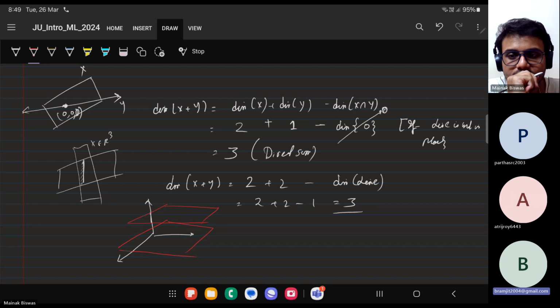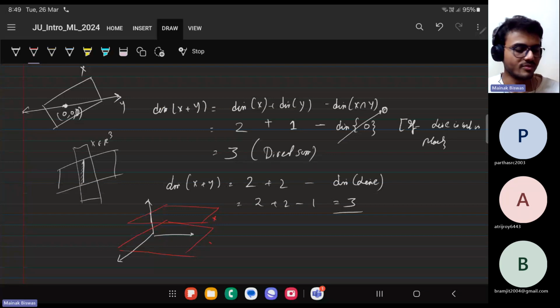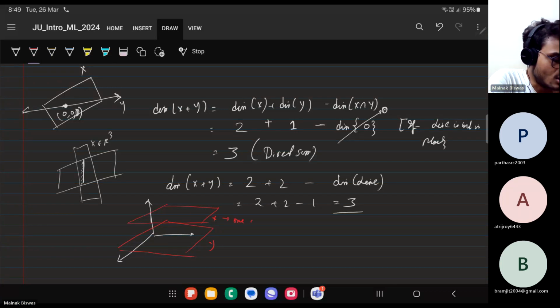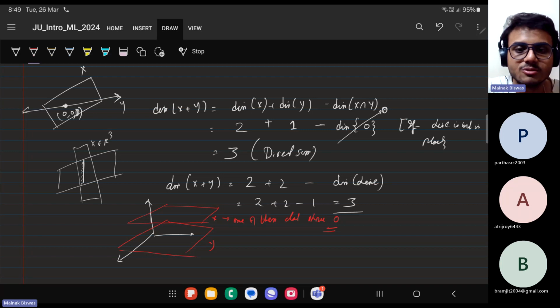Because they won't include the 0 vector. Very good. So if they're parallel, one of them doesn't have 0, so it's not a subspace. We have shown that last class, right? 0 must be contained for a space to be a subspace.